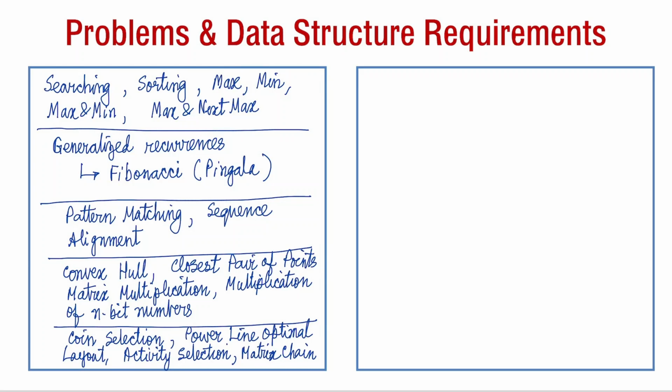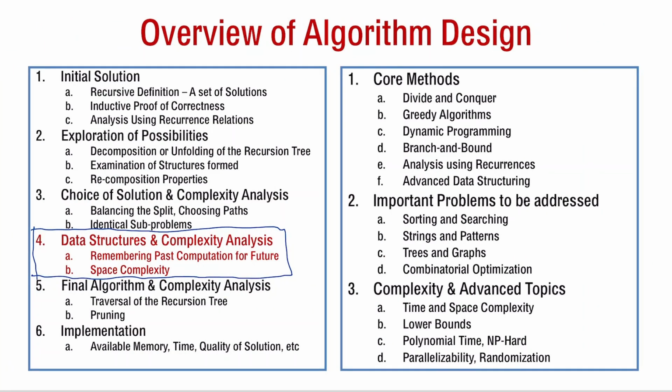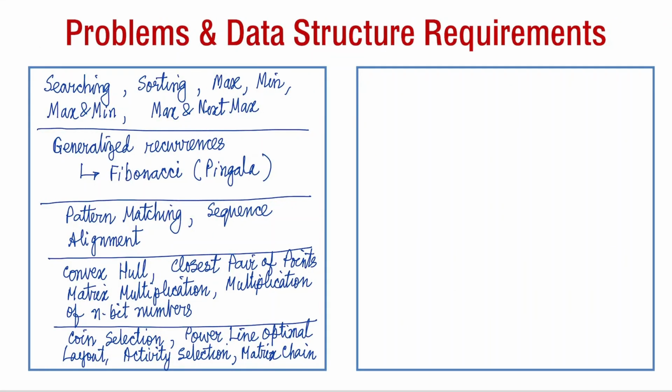And in each of these cases, when we went back after having explored the first 3 steps of algorithm design, we ended up in the need for data structures. And the operations that we wanted to do: the data storage, memoization, access, and reuse.